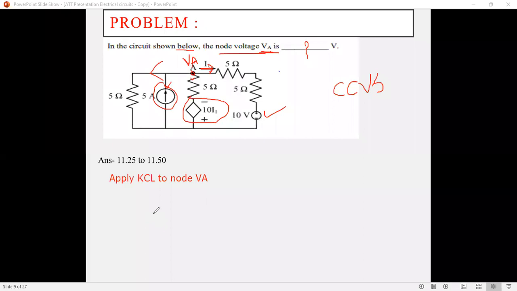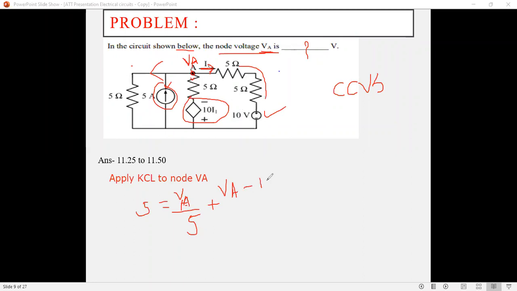So here 5 is the incoming current. So 5 equals the outgoing currents, written in the form of V by R. That is VA divided by 5 for this current, plus VA divided by 5, plus for this current I1, VA minus 10 divided by 5 plus 5, which is 10. So VA minus 10 divided by 10.